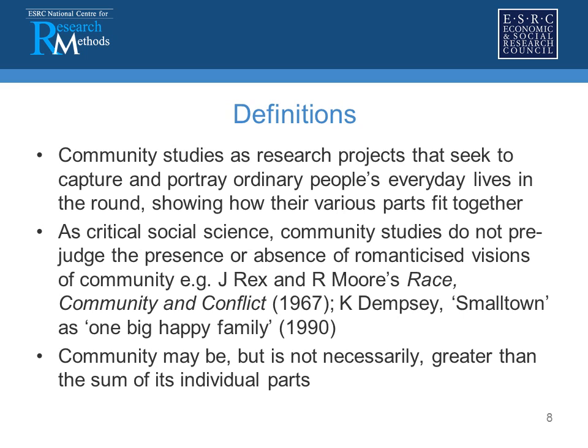Now, as critical social scientists, people doing community studies don't necessarily have to go along with preconceived notions about what community is. They don't have to go along with romanticised notions. Indeed, some of the classic studies, such as John Rex and Robert Moore's Race, Community and Conflict, a key study in the 1960s about Sparkbrook in Birmingham, were very much about how this area was made up of rivalry between a number of different groups who happened to live in that particular place.